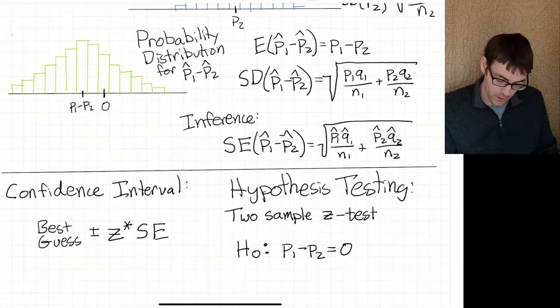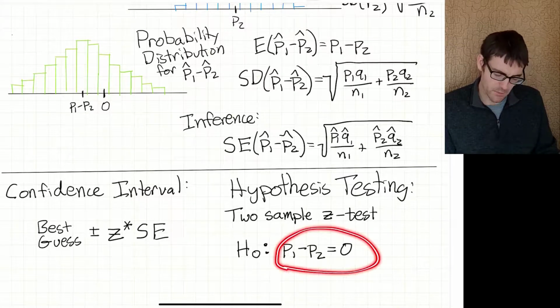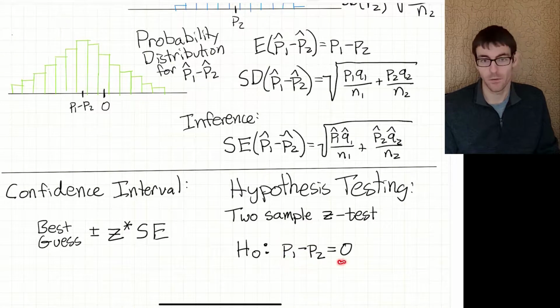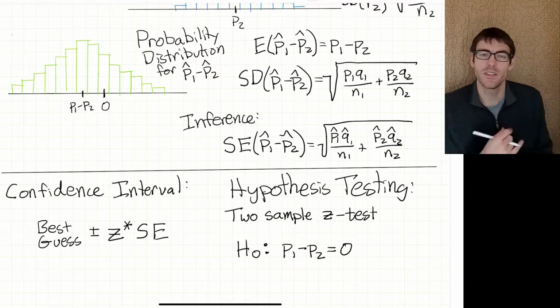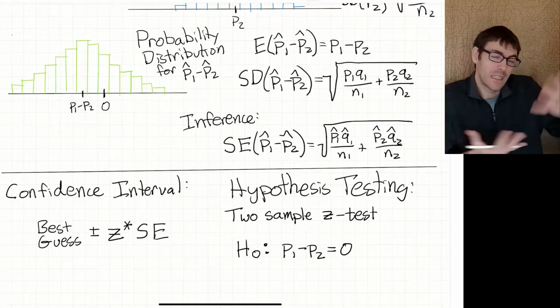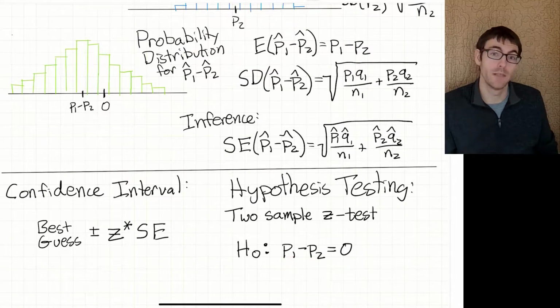Going off of that, our null hypothesis for a two-sample z-test should just about always be that the difference between our two proportions is 0. Our baseline assumption is that nothing special is happening. So if the two groups are really about the same, then the difference between the two of them should be 0.